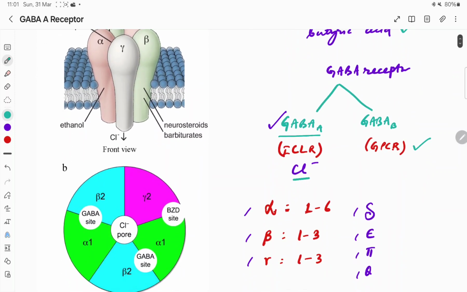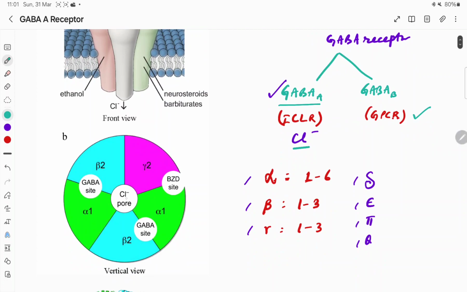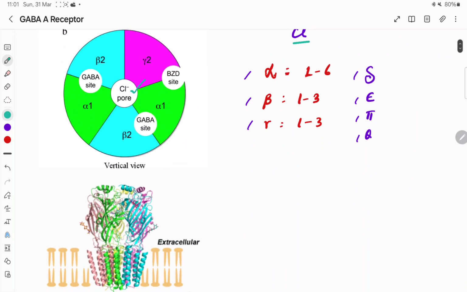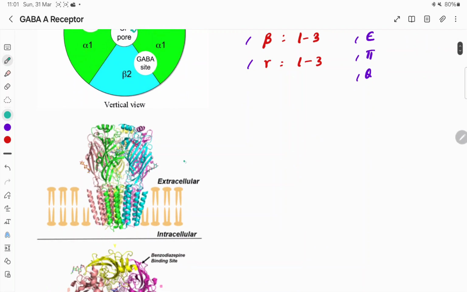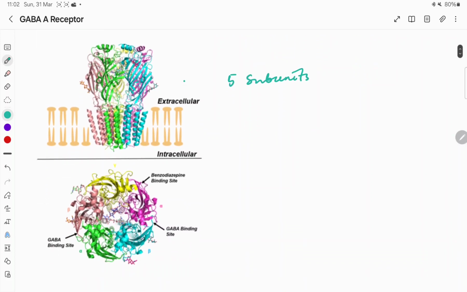So the GABA A receptor has a central pore through which the chloride ion enters into the cell. You can see this is extracellular, this is intracellular, and this is the transmembrane receptor, and it has 5 subunits.